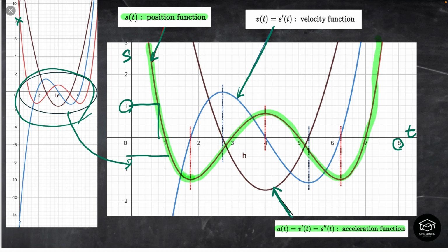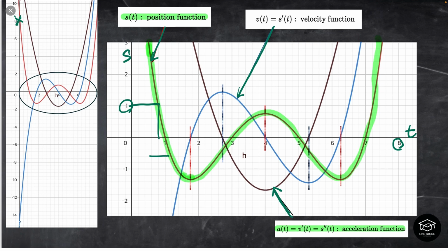Although the object is moving on a straight line, it moves back and forth, so its position is expressed by a fourth-degree polynomial. The first things we need to check are the starting point, the maximum and minimum values, the inflection points, and the points where the graph crosses the x-axis.